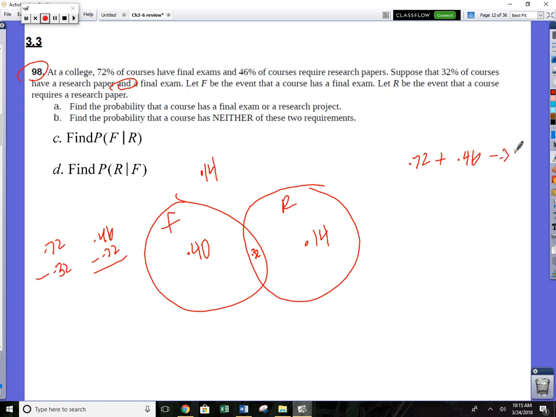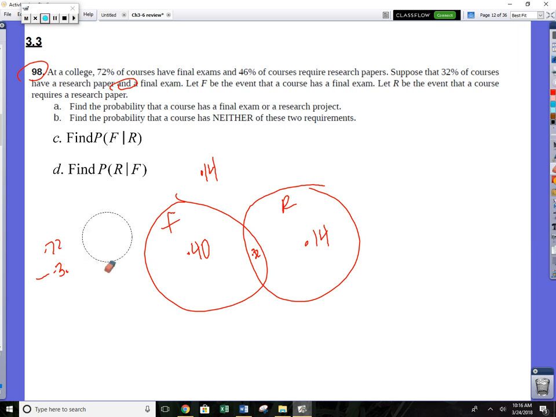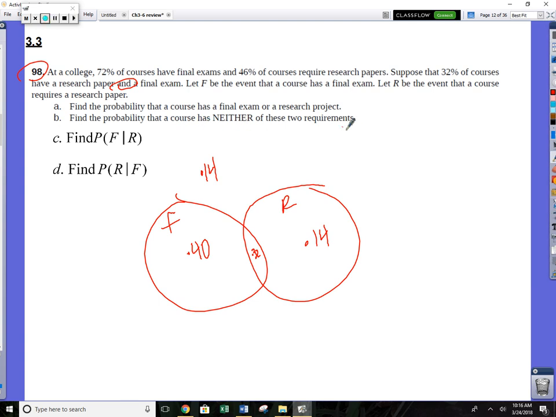Subtract 0.32, and what's that give you? So that gives you like 86%. Okay, B. Find the chances that a course has neither of these two requirements, and we already got that. That's 14%.